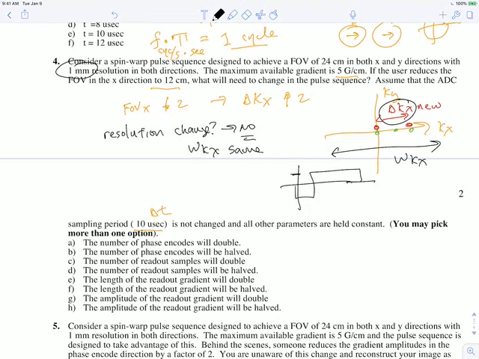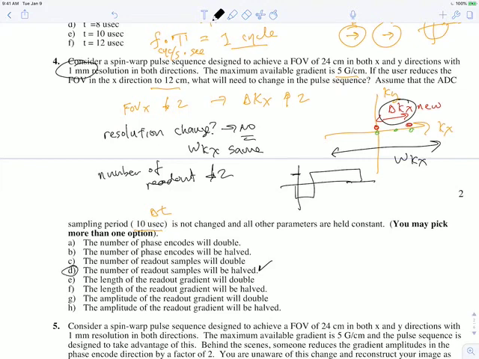It's gone down, because the amount of k-space I'm trying to acquire is the same, but the spacing has doubled. So the number of readout samples has gone down by a factor of 2. So we know that D should be correct.